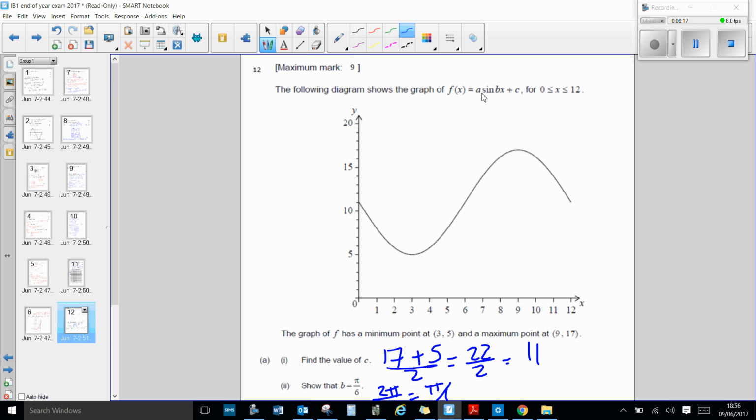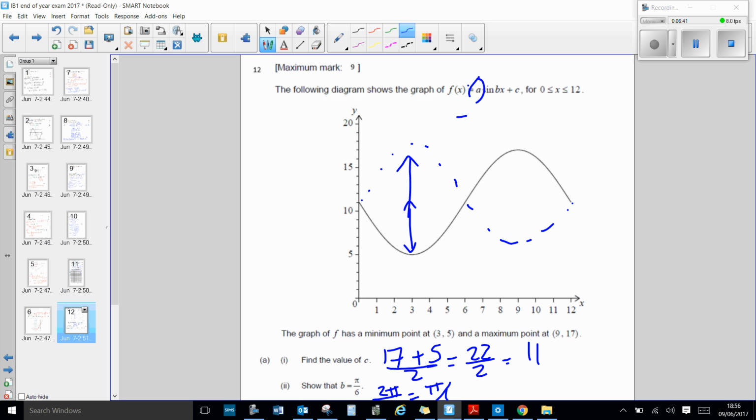A is our amplitude. Note here, this is a sine curve. Normally a sine curve goes up, down, and up, but ours goes down, then up, then down. So this value has to be negative, and we find it by finding this distance here, halfway in between the full amount.